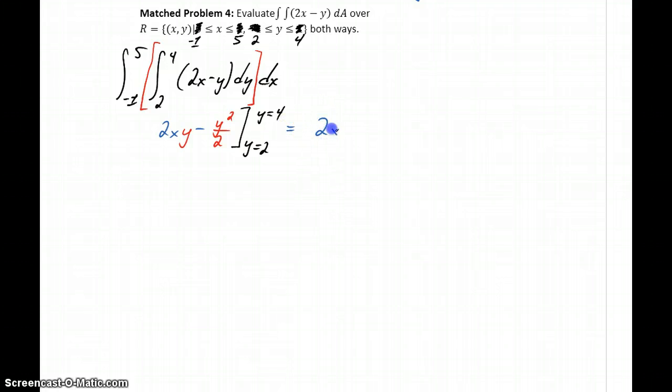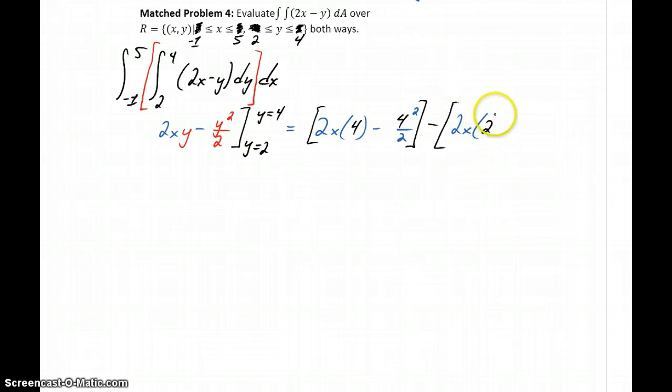So this will give us 2x times 4 minus 4 squared over 2. So that's our first expression, our expression evaluated at 4, and then we'll subtract our expression evaluated at 2, which will be 2x times 2 minus 2 squared divided by 2.